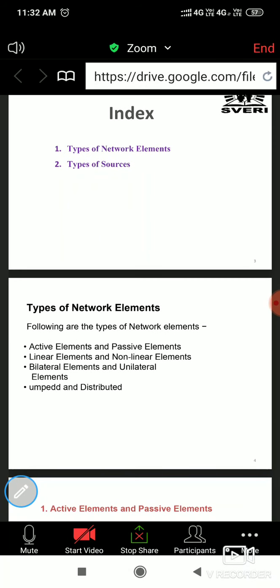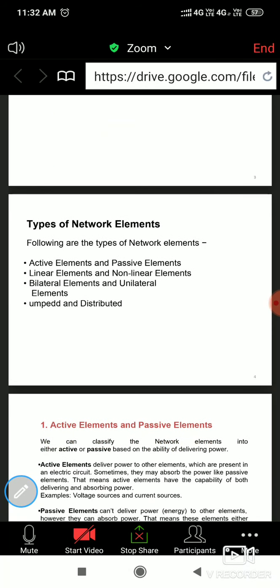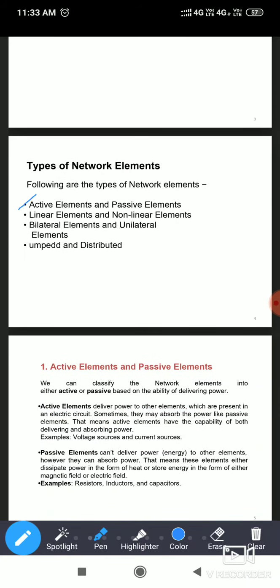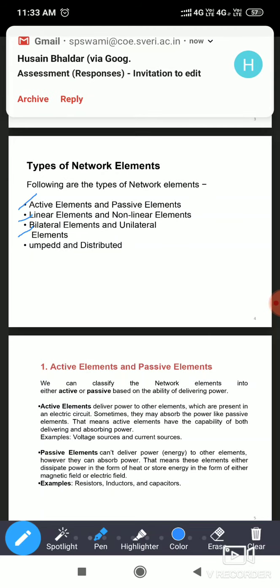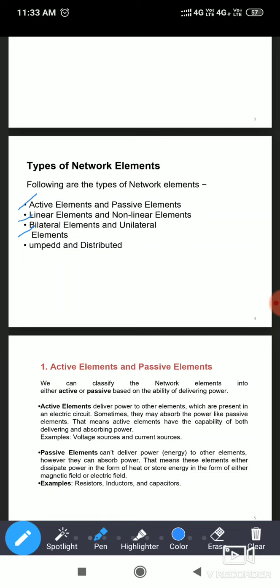So types of network elements. There are four types of network elements. So what are the four types? It is given here: active elements and passive elements. Second one is linear elements and non-linear elements. Third one is bilateral elements and unilateral elements.